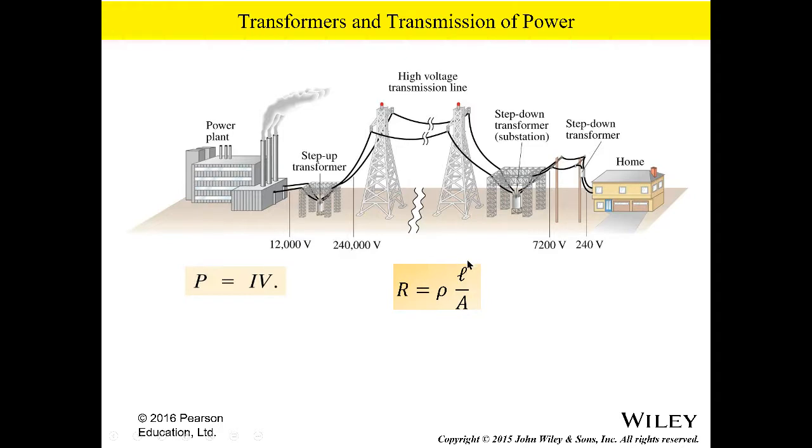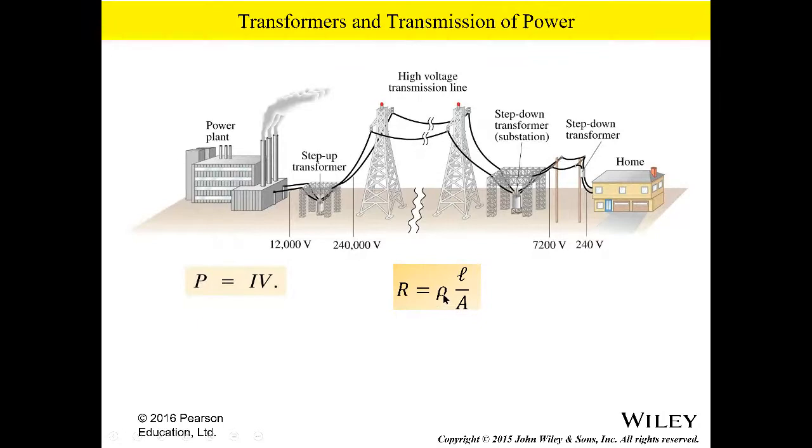This is the length of the wire, and this A is the cross section of the wire. And this is resistivity. And for a given material like aluminum or like copper, the engineers will tell you the resistivity is blah, blah, blah. I don't even know, but the electricians, the engineers, they know.